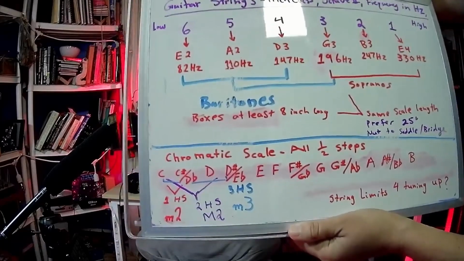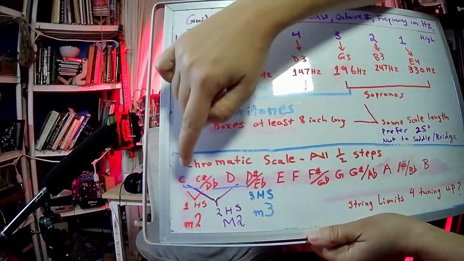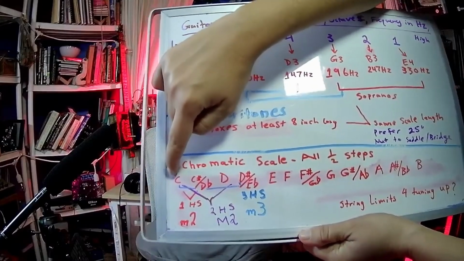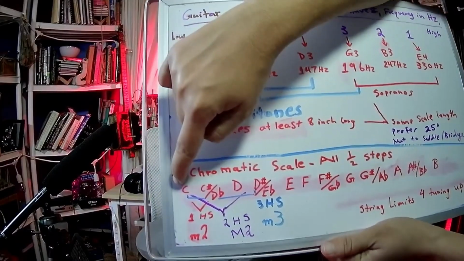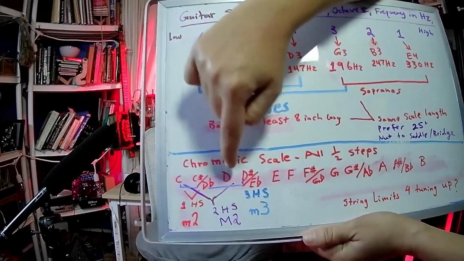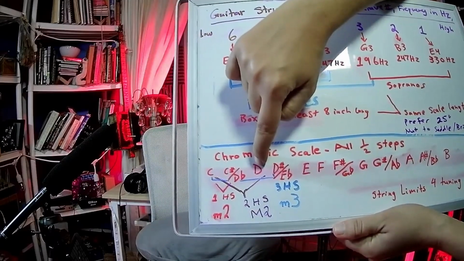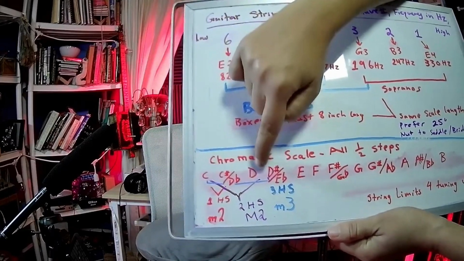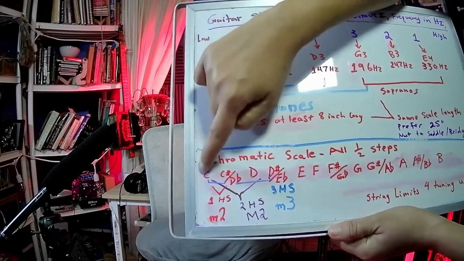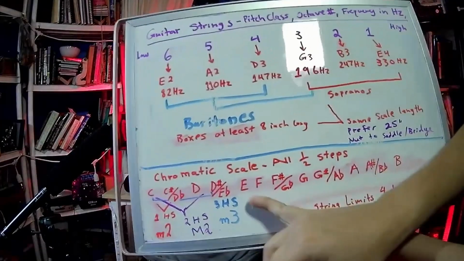How do we count up to a major second? Well, we start counting like this. If I want to know what a major second is above C, then I count C sharp, D, and the one that I land on 2 half steps up is D. What's a major second above E?